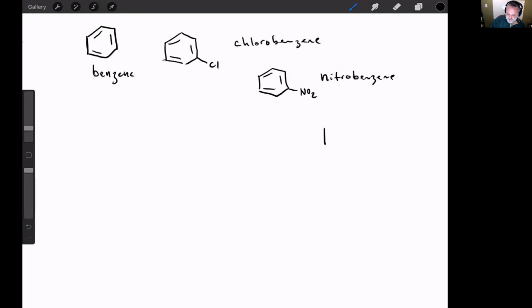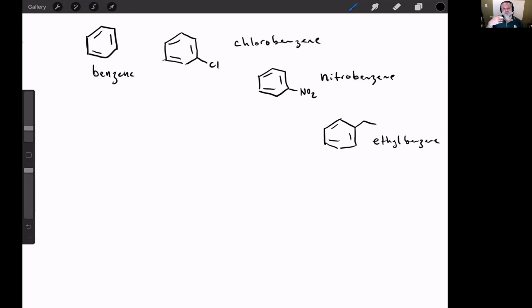And it turns out that for every group other than a methyl group, we will just use the regular sort of IUPAC nomenclature rules. And so this would be an example of ethyl benzene.